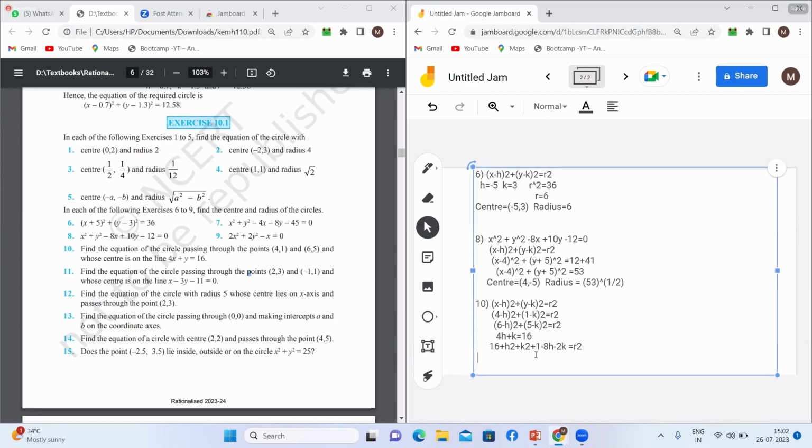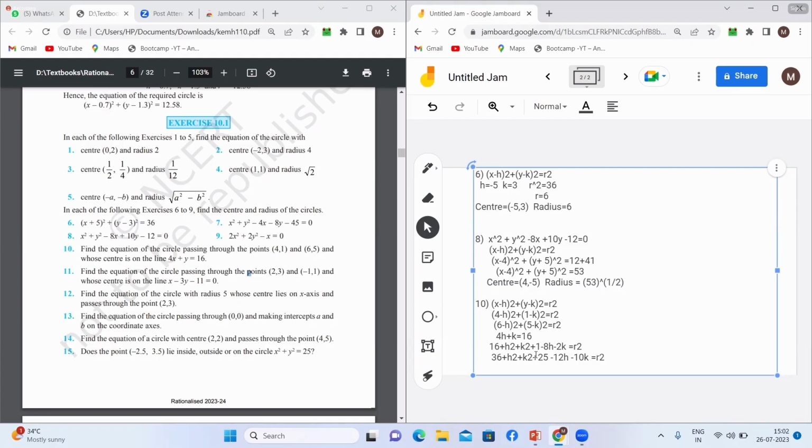Similarly, when I open the second equation, I will get 36 plus h square plus k square plus 25 minus 12h minus 10k equal to r square.